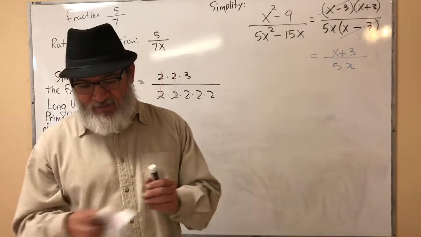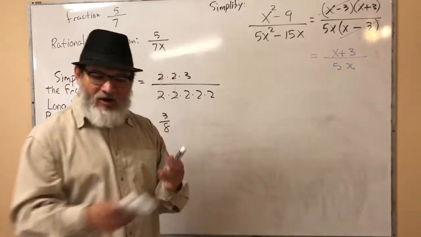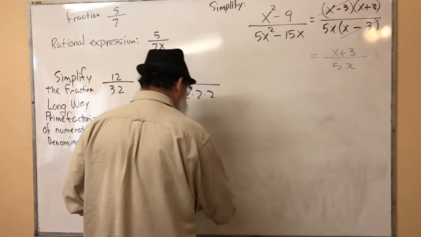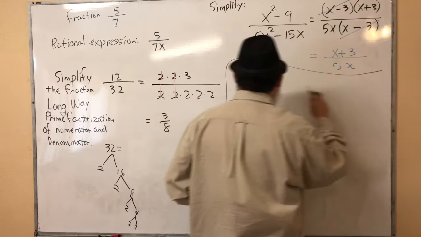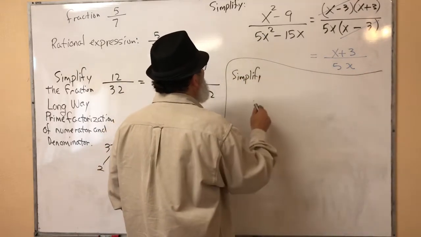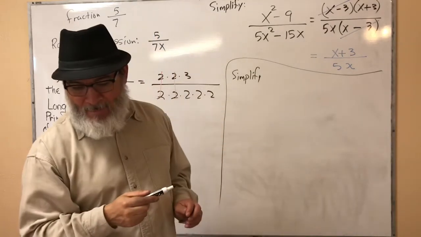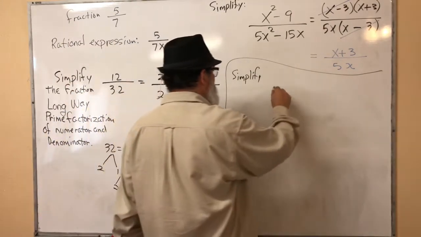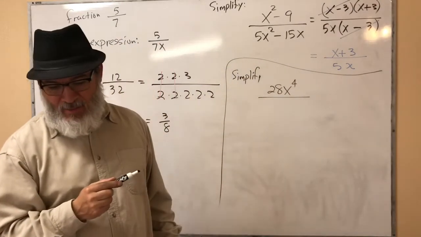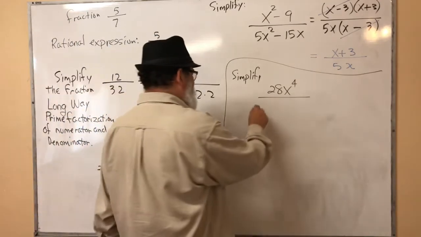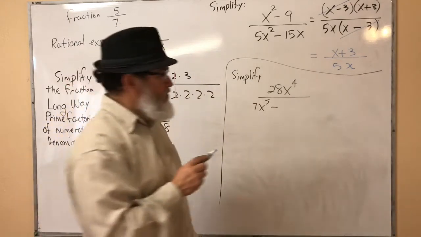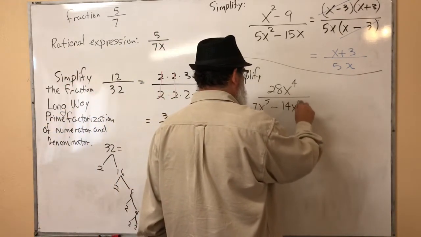Simplify the following: 28x to the 4th divided by 7x to the 5th minus 14x squared.